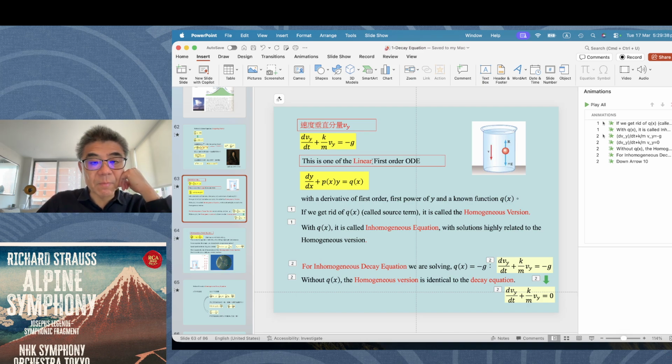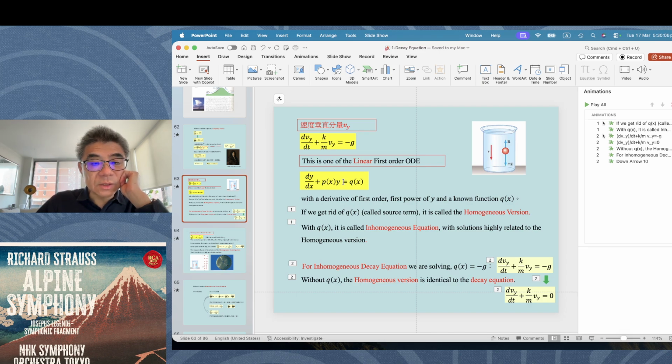Okay, so the most general linear first order ODE could be written in this way: dy over dx plus a function of x, P(x), times y, equal to Q(x). So you can see the correspondence between this general form and the equation for the perpendicular component Vy we have talked about.